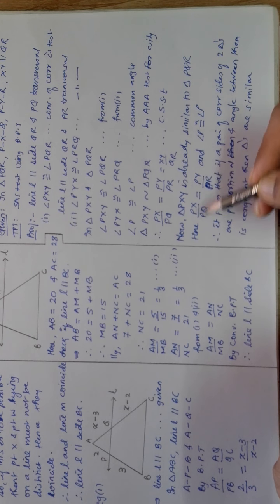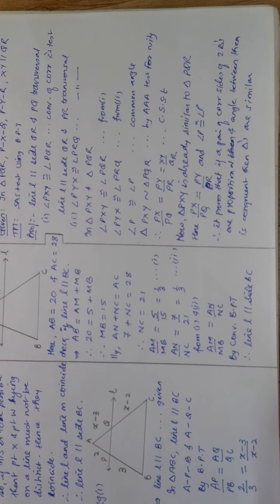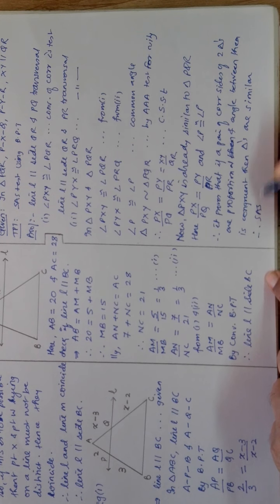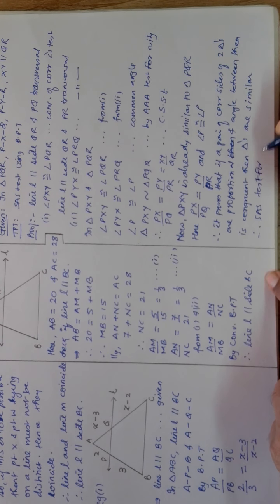These two pairs of corresponding sides are in proportion and the angle included by them, that is the angle between them, is congruent. What is included and between, I will explain in another part of similarity. So here this condition is satisfied, already the triangles are similar and this condition satisfies it. That means it is proving the side angle side test, so your SAS test for similarity is satisfied.